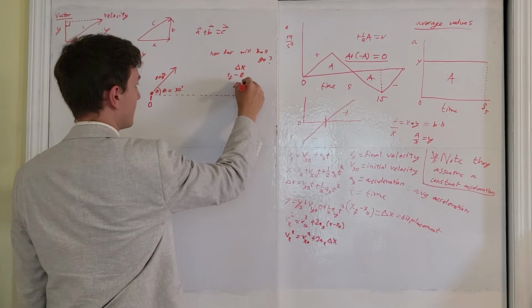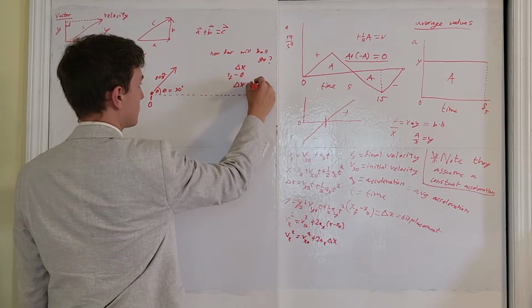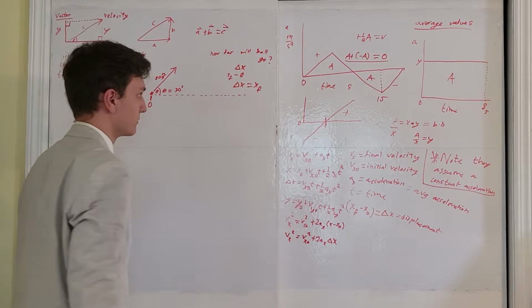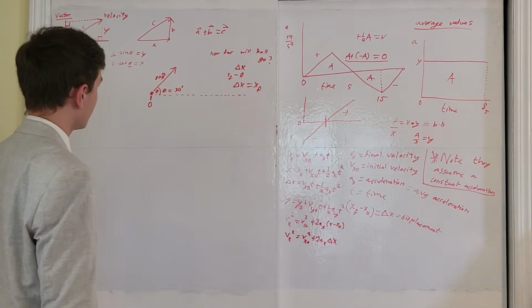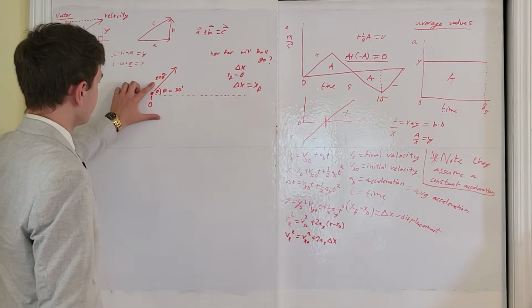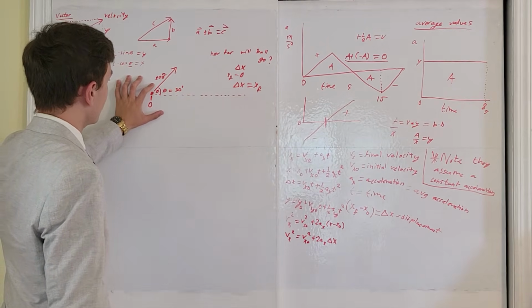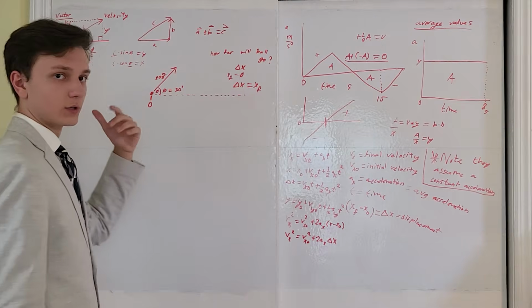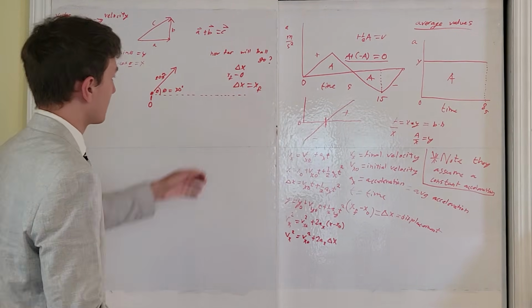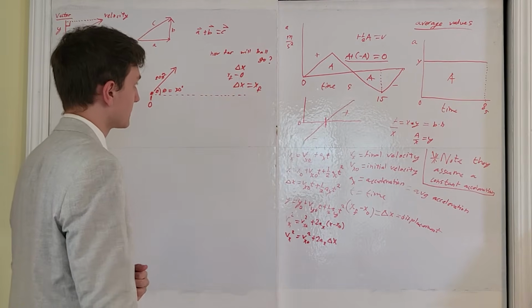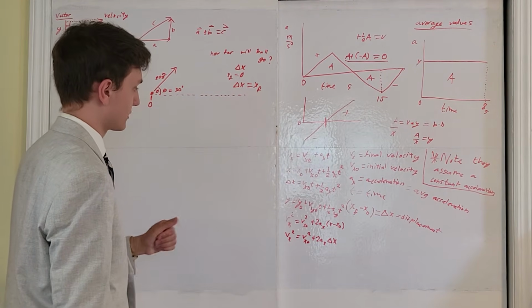Therefore, we can simplify delta x as equaling our final position. We can simplify displacement as being just our final position. First part is we're going to need to take this vector and resolve it. We're going to need to break it up into our x and y components. Because what am I looking for? I'm looking for displacement in the x direction.